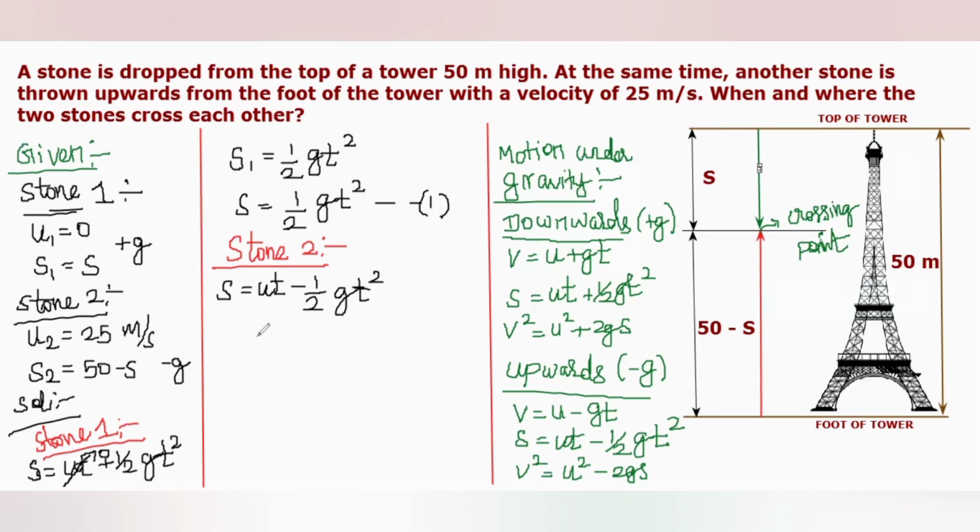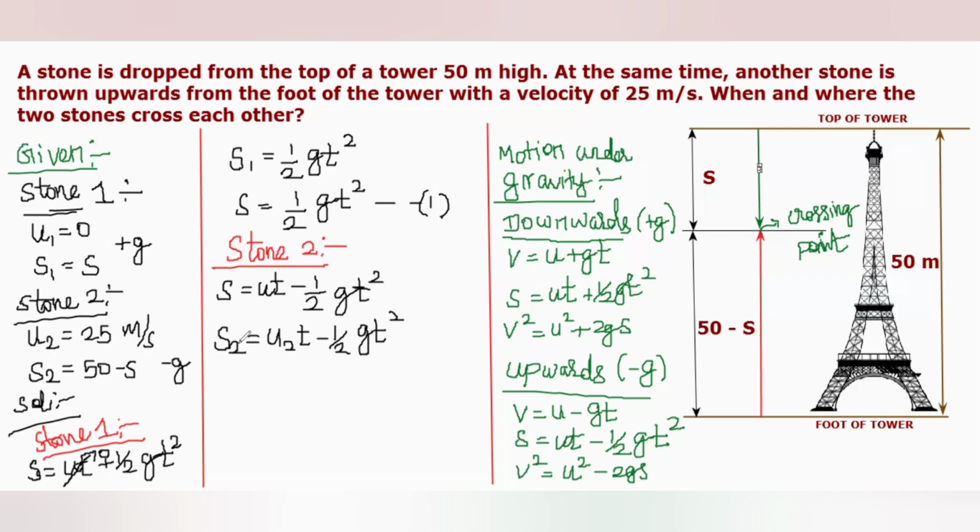So here we can see that S2 equals u2t minus 1/2 gt².